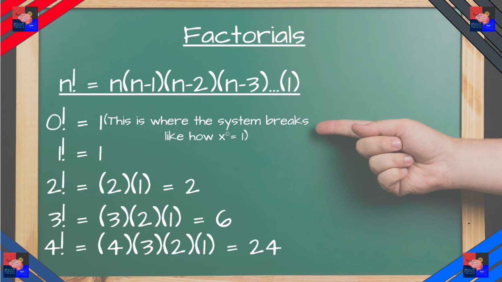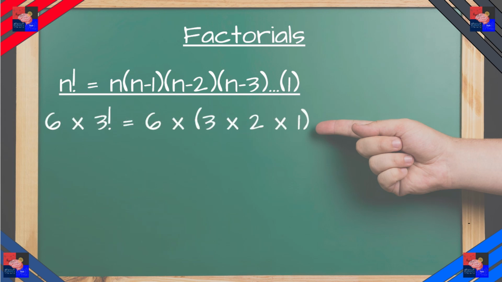It's a little tricky, but yeah. 1 factorial is 1. 2 factorial is 2. 3 factorial, here's where we get to the tricky part, is 3 times 2 times 1, so it's 6, etc. One thing to note is that factorials work a lot like exponents, in which case they are operating on the number right beside it. So those are the factorials.